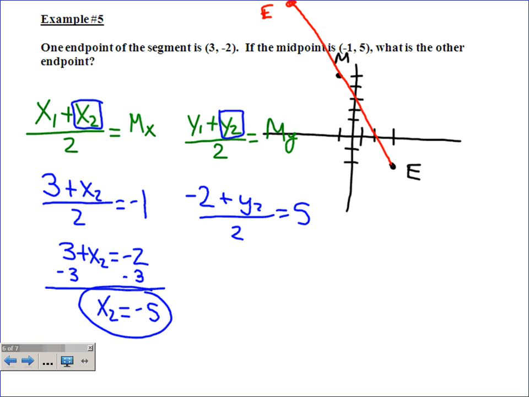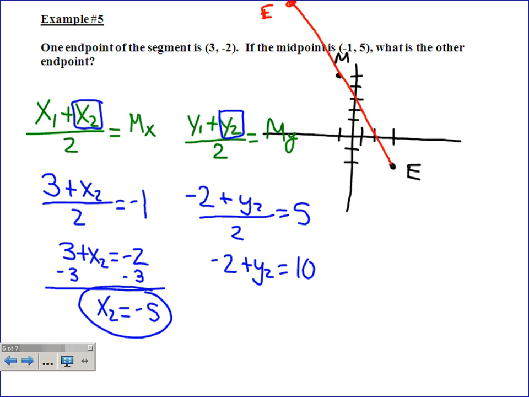Why don't you guys try solving this one over here? Why don't you guys try it on your own? You could probably multiply both sides by 2.